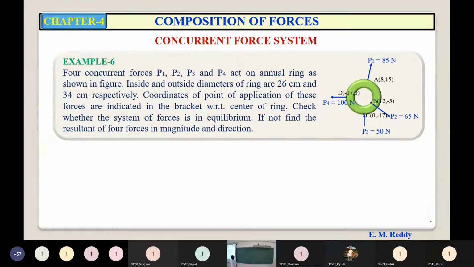Coordinates of the points of application of these forces are indicated in brackets with respect to the center of the ring. Check whether the system of forces is in equilibrium. If not, find the resultant of these four forces in magnitude and direction.